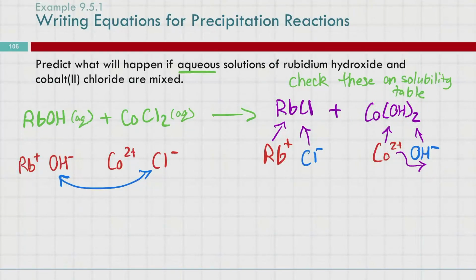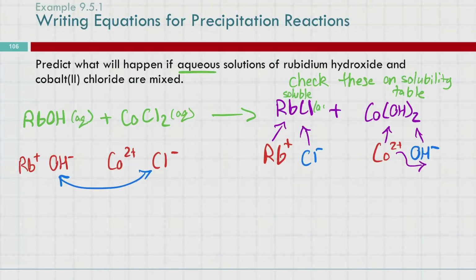If we look at our green sheet solubility table, in the top section, it says group 1 for generally soluble, and there are no exceptions except for some lithium pairings. We have a group 1 metal in rubidium. Since there's no exception listed for rubidium, RbCl is soluble.